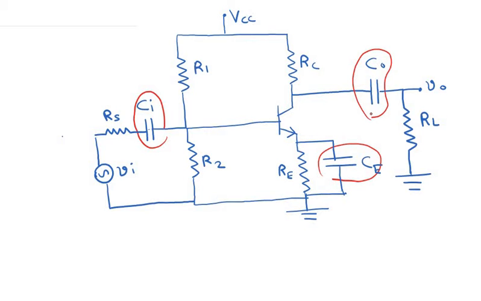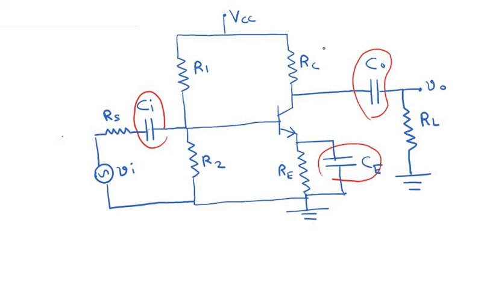Of course, when we buy the amplifier from the market, all these three capacitors Ci, Ce and C0 would be present, but they are not internal capacitors of the transistor. These three capacitors are part of the transistor amplifier, but they are connected externally to filter out DC components, or to provide a short circuited path to the AC components.